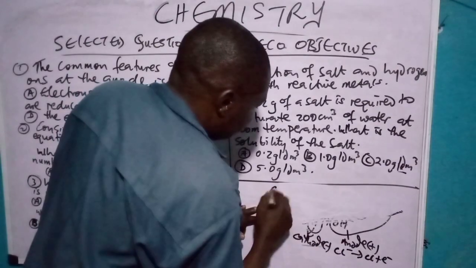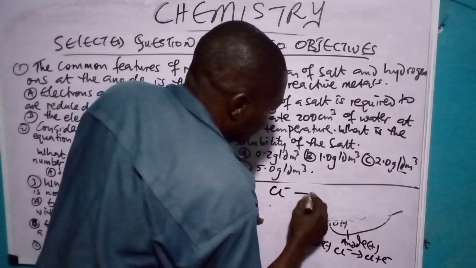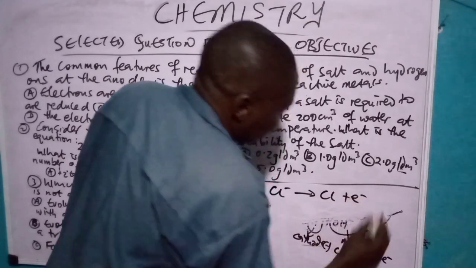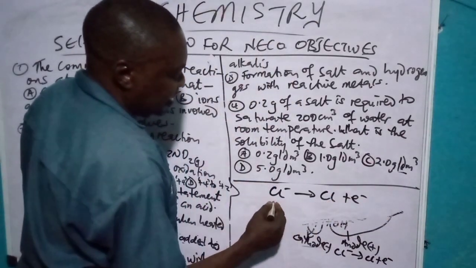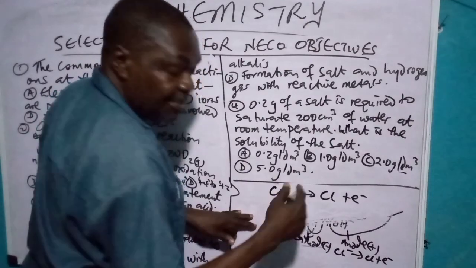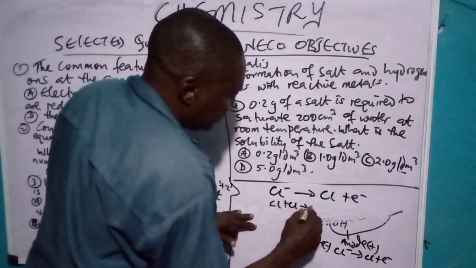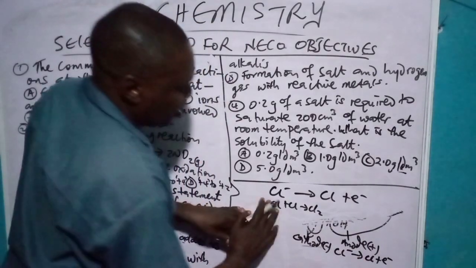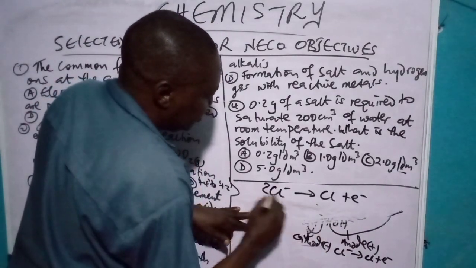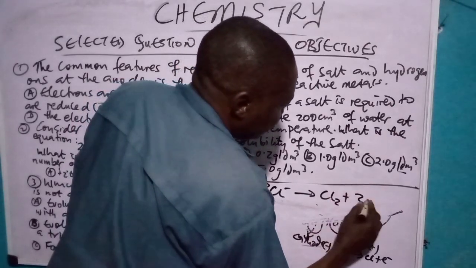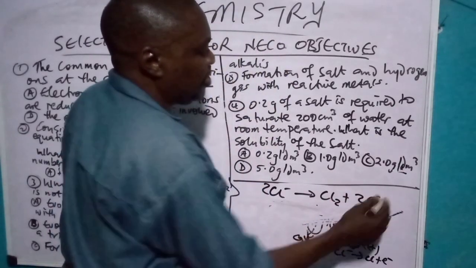So we have Cl- to give you Cl plus an electron. This one will also combine with another Cl, because it's happening thousands and thousands of times inside the solution, to give you Cl2. In which case, we can summarize it by saying 2Cl- gives you Cl2 plus 2 electrons. This is a summarized form of it.